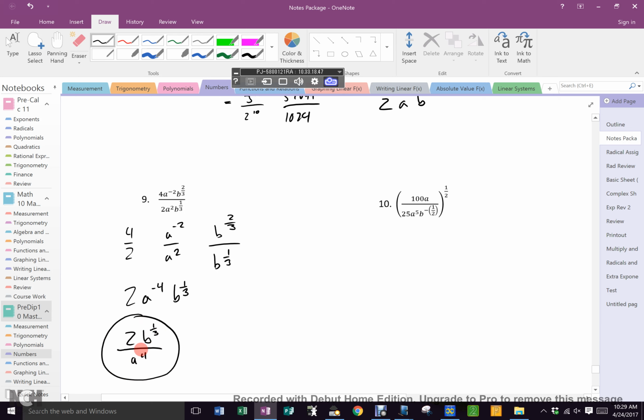Everybody should have been able to do that one pretty much right away, yes? Okay. What is it as radical form? 2 cube root b over a to the 4th. Because that is that, yes?